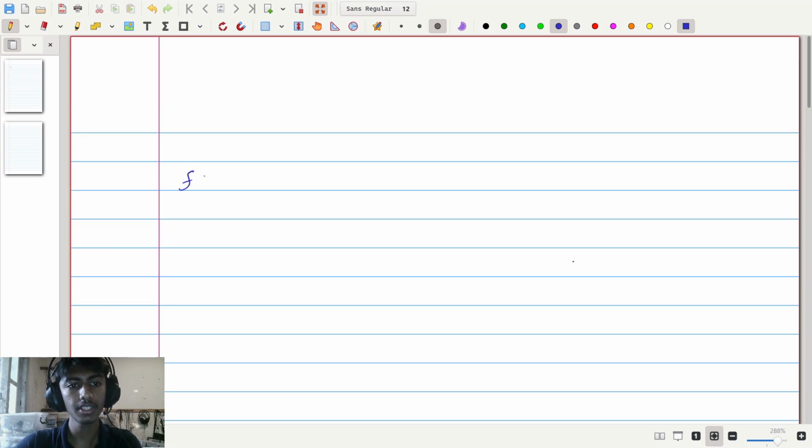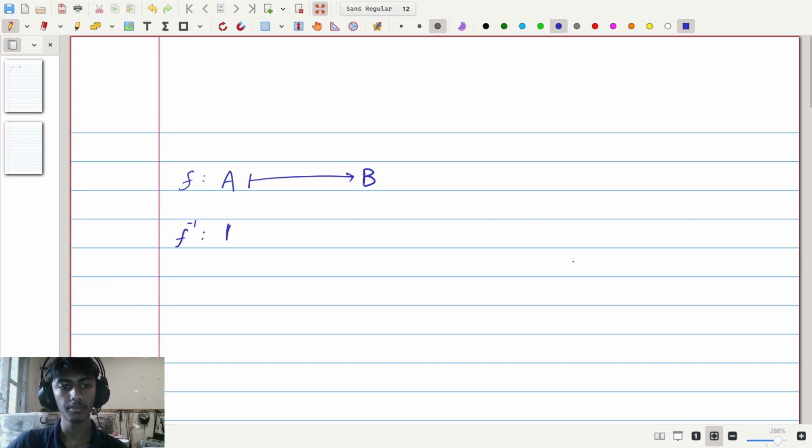Let's say f maps the set A onto the set B. It takes all the elements in A and maps those elements onto B. What I mean by the inverse function is the function usually written as f inverse, which maps all the values of B back onto A.